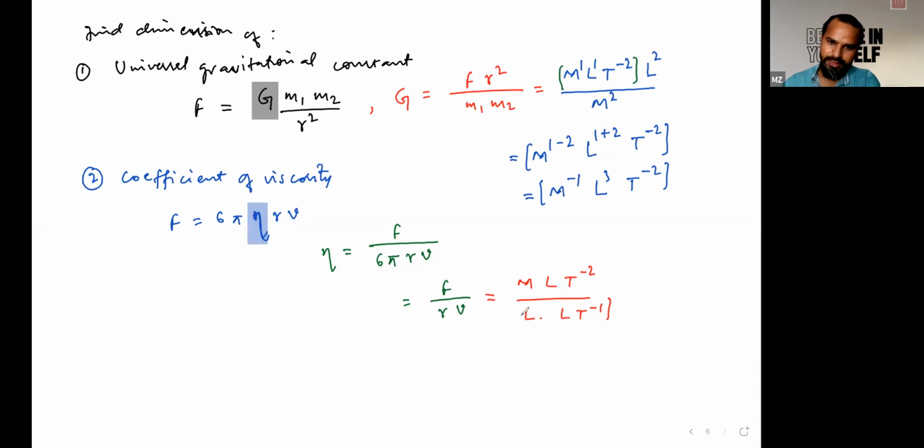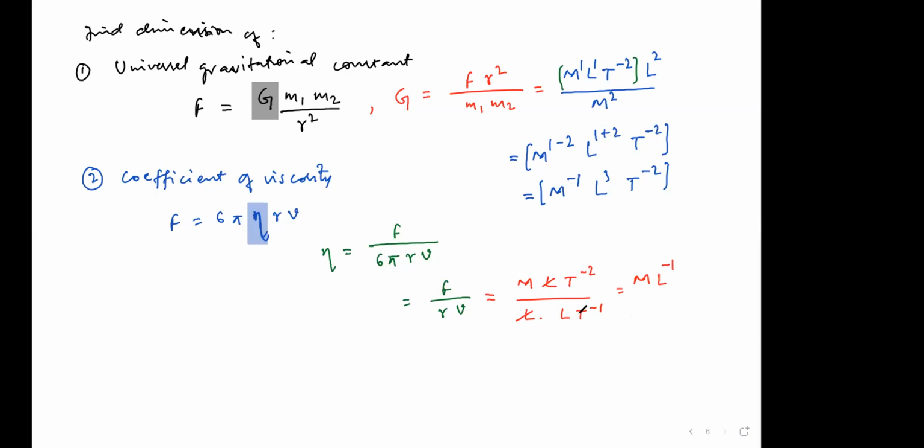Now, this L and this L would cancel out, so we're left with M. We have one L in the denominator, so on bringing it to the numerator, its exponent would become minus 1. Is it clear?